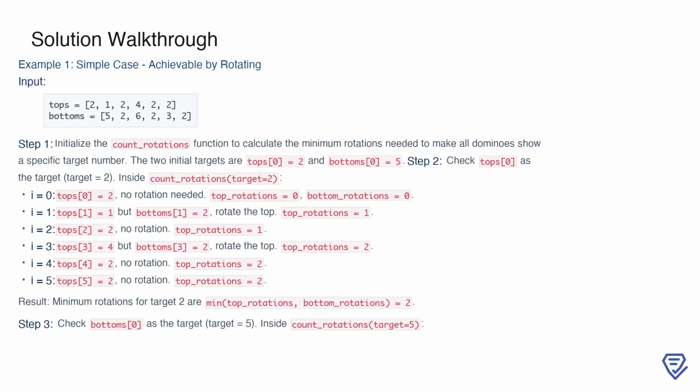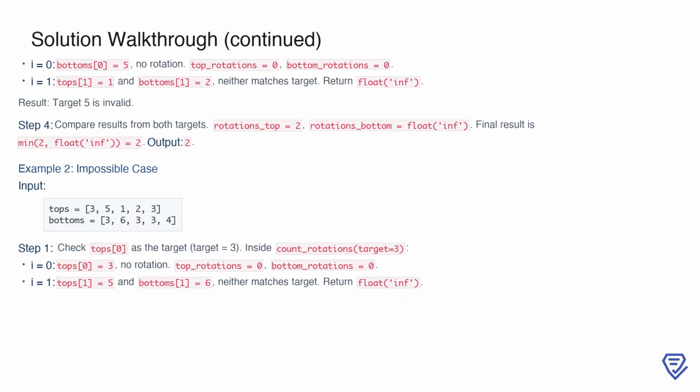Next, we evaluate the second target candidate, bottoms[0] equals 5. With target equals 5, the function checks each domino again. At i equals 0, the bottom already matches the target, so no rotation is required. However, at i equals 1, neither the top nor the bottom matches the target. This makes it impossible to achieve the target number 5, and the function immediately returns float('inf').